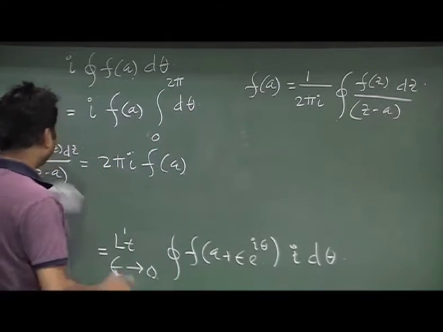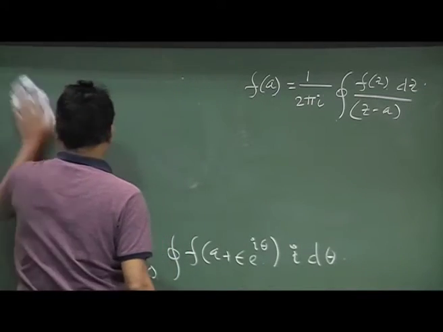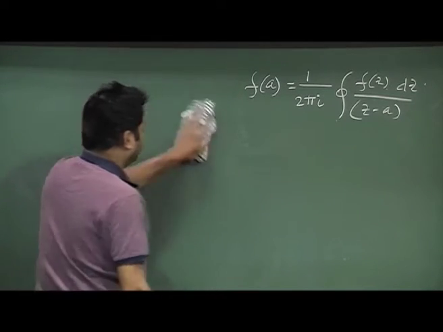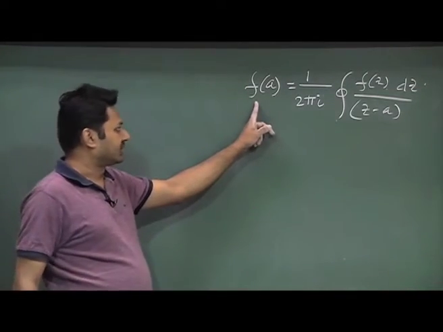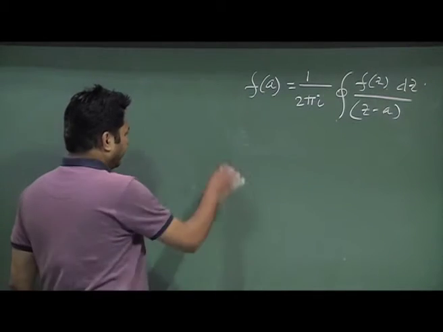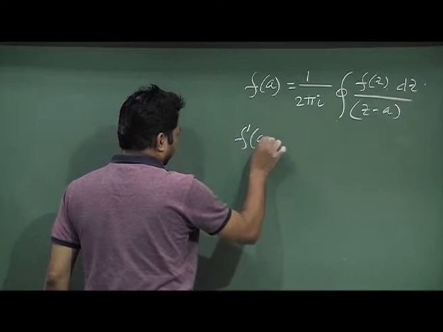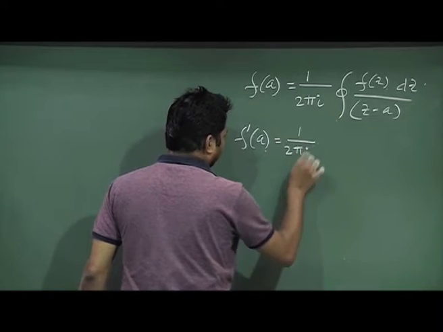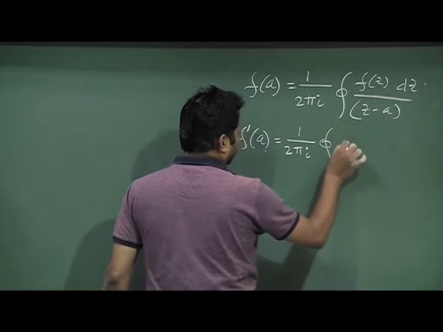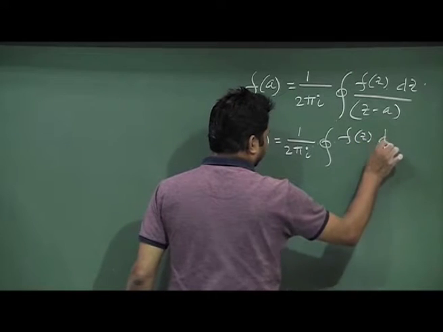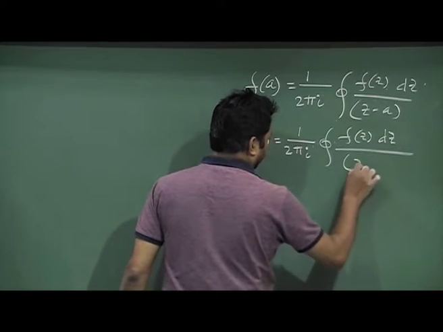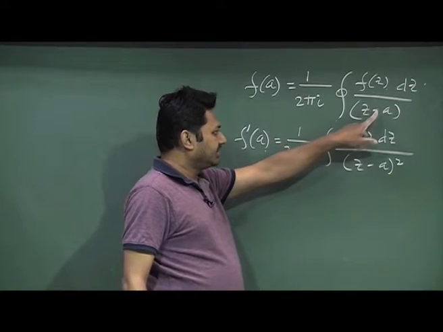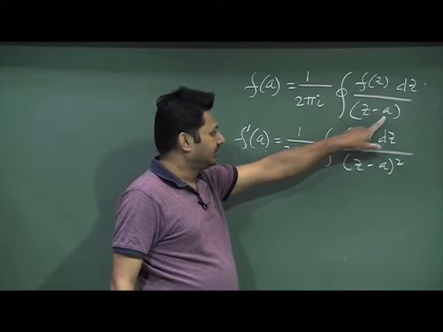So, after having this expression, we now try to find more from it, and we do it in this way. If I take the derivative of this expression with respect to a, f dash a, what value will I have? 2 pi I, integration of f z dz, and this quantity will be z minus a whole square. One negative sign will come because of this integration, but one negative sign is sitting here just before a.